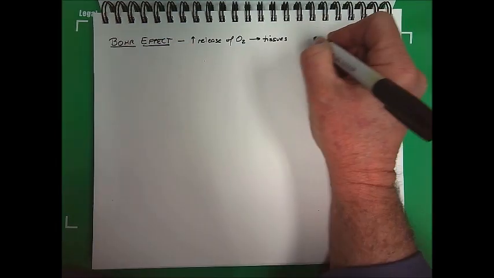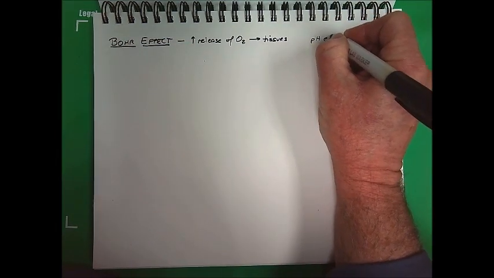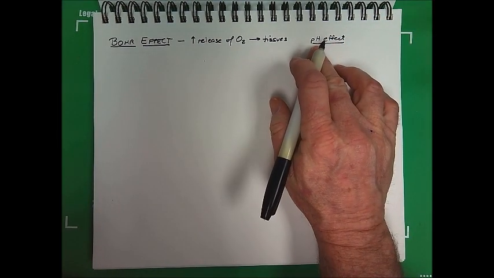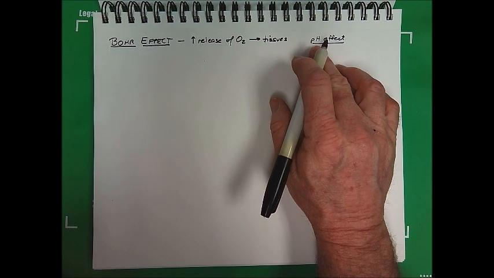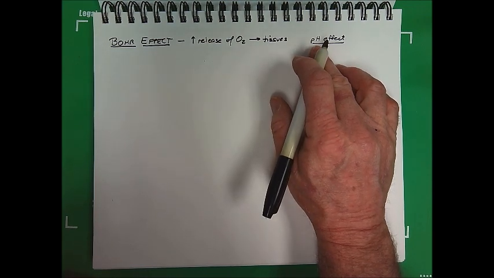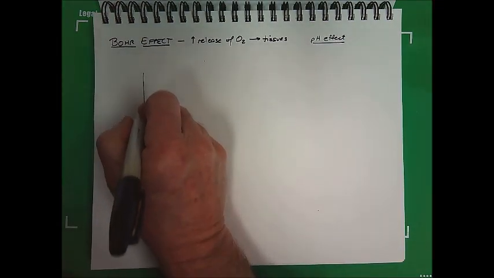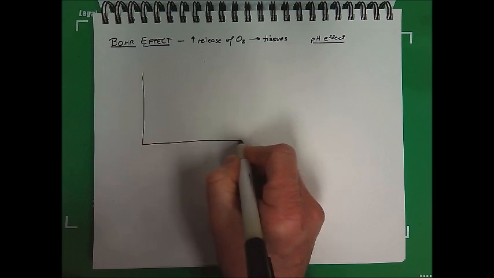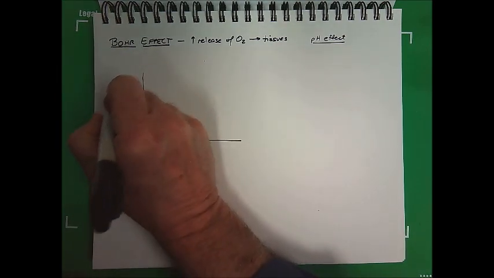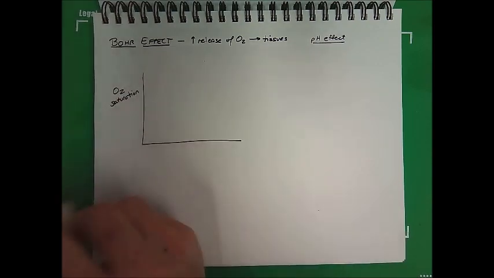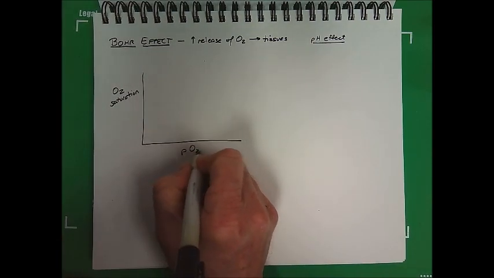The Bohr effect is a pH effect. So what we are going to do here is change the pH of the local environment around the hemoglobin molecule to affect its binding properties to oxygen. So how do we do that? Well, once again, let's look at our O2 saturation curve versus our partial pressure of oxygen.